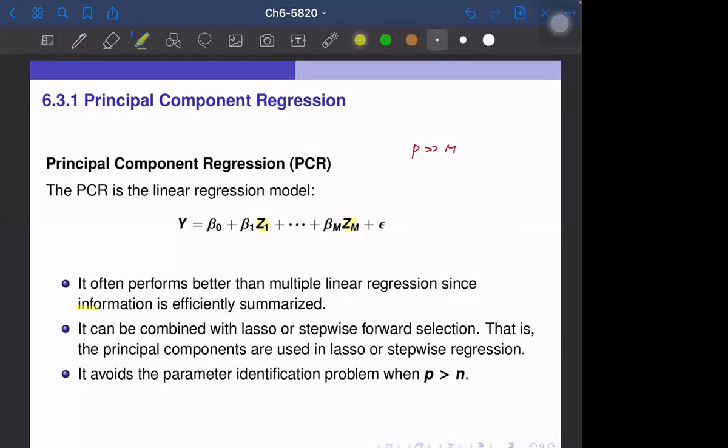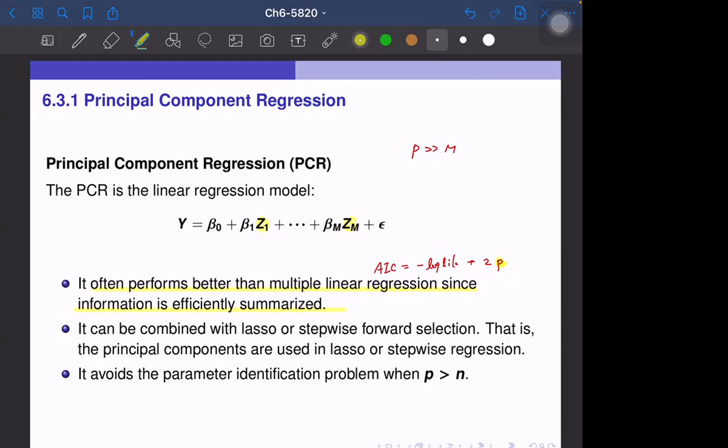So the information is sufficiently summarized, so the performance is better. You can imagine, for example, the AIC. AIC is negative log likelihood plus 2 times the number of parameters. If p is large, the penalty is large, and that is not good. But if you use principal component regression, this becomes much smaller, so you can see it's much more preferable.